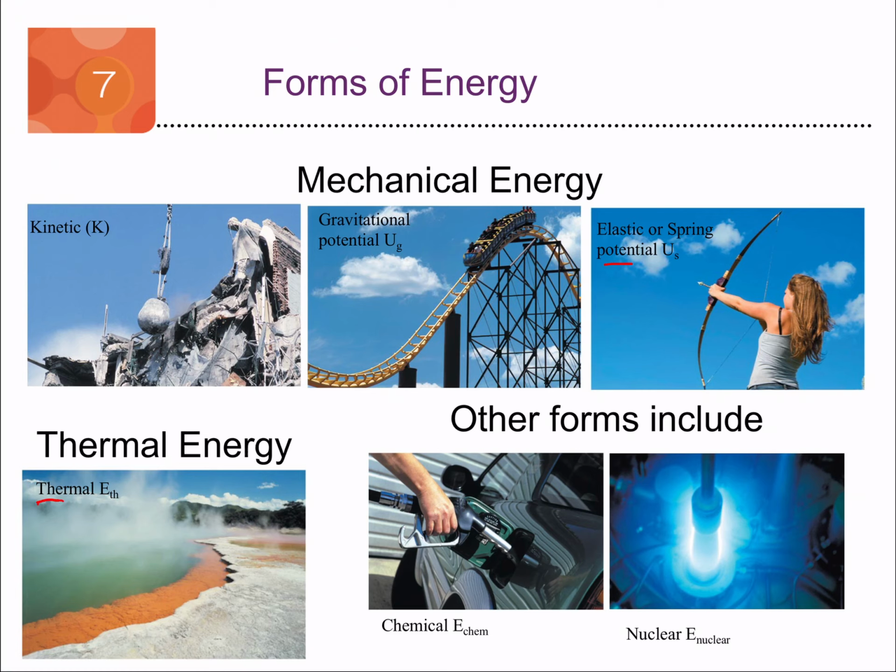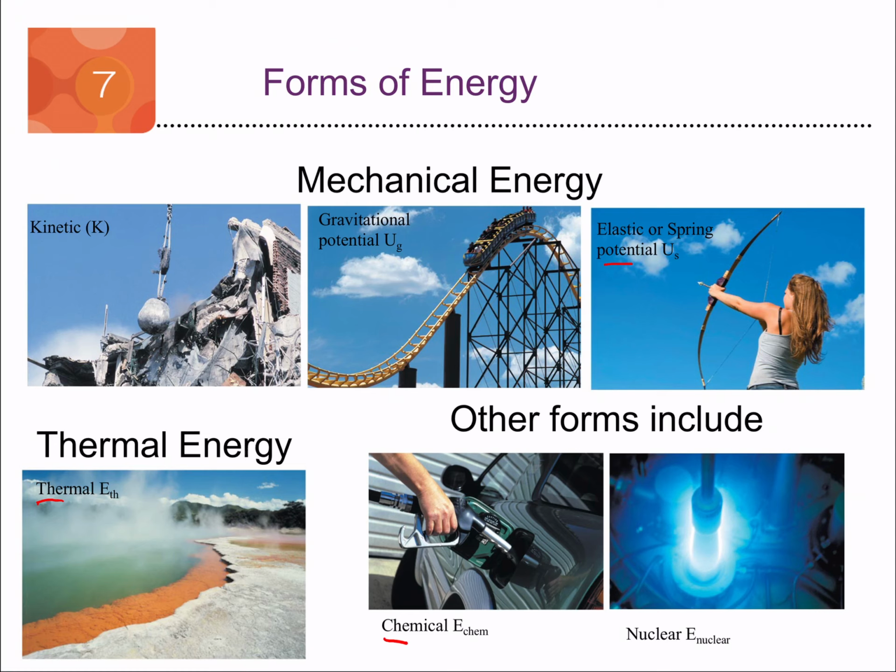Down here, we're looking at thermal energy, the internal energy of an object due to the kinetic energy of its atoms and or molecules. So it's that heat energy. Here is chemical energy, which is really just potential energy associated with the electromagnetic force.